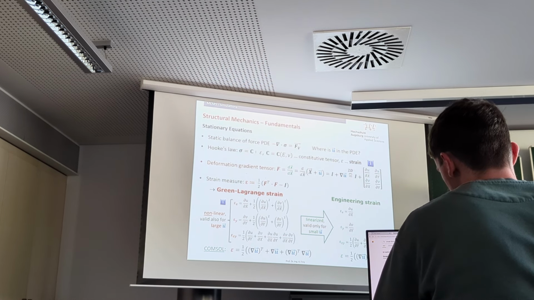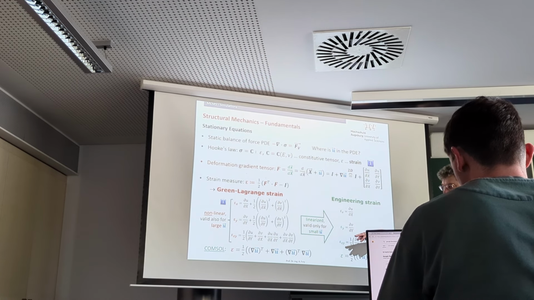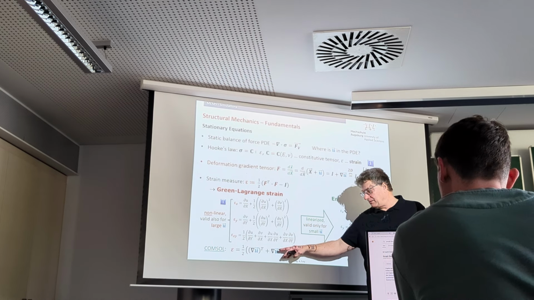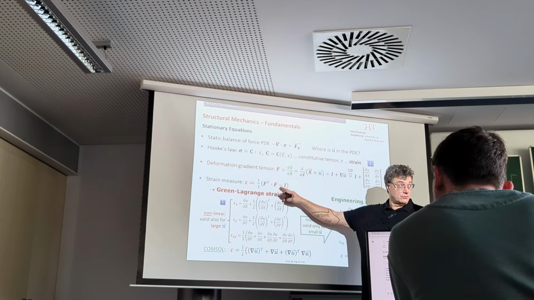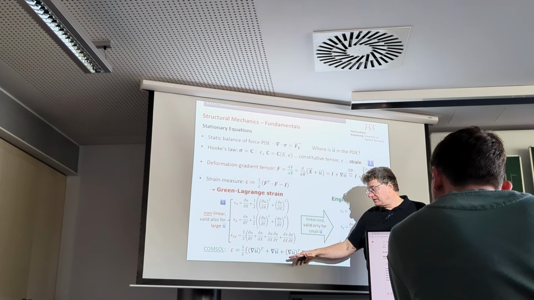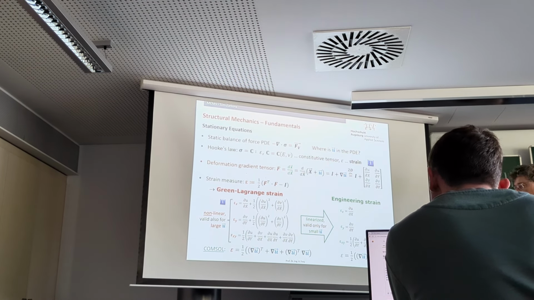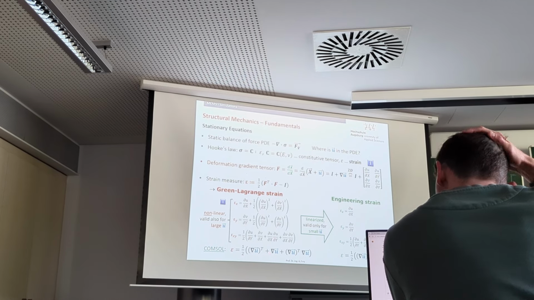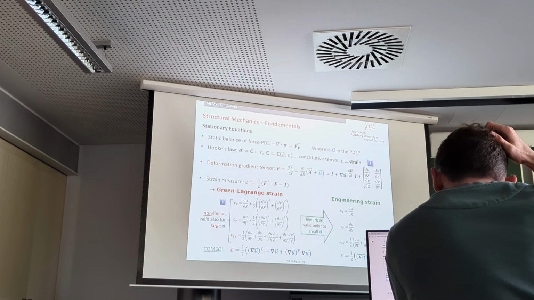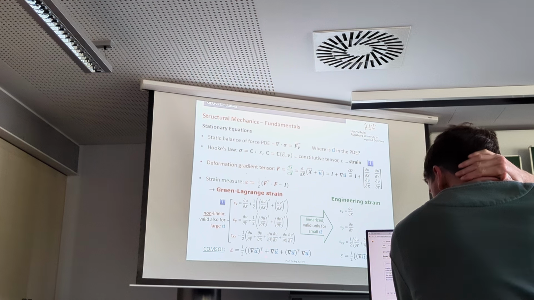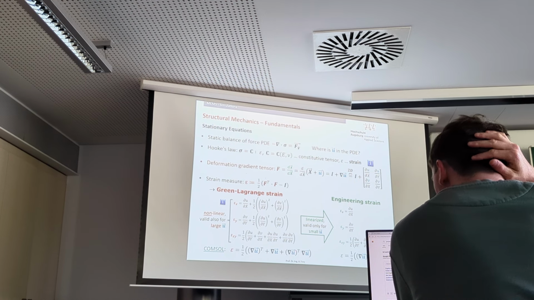To round up, COMSOL uses an even different way of writing it. I won't dive into that again, but this is equivalent to what I wrote here. At the end, we were talking a lot about the gradient. So you're familiar with the gradient, even with a vector.